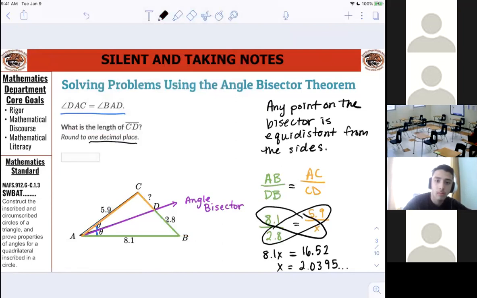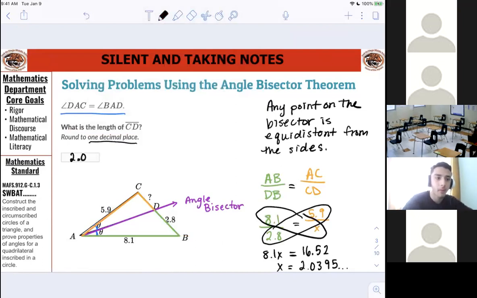But that's two decimal places. Just 2.0. Oh, because you have to round it to only one decimal point. Mm-hmm. And the 3 isn't enough to bring me up. So this is just 2.0.